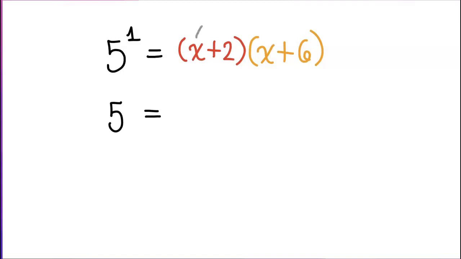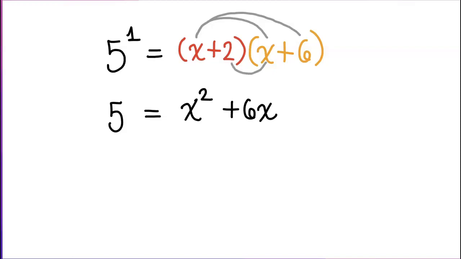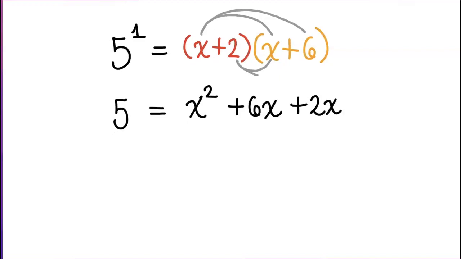When you FOIL, you're doing x times x. That gives us x squared. Next, we do x times 6. That's plus 6x. The inner, 2 times x, is plus 2x. And lastly, we do 2 times 6, and that is plus 12.